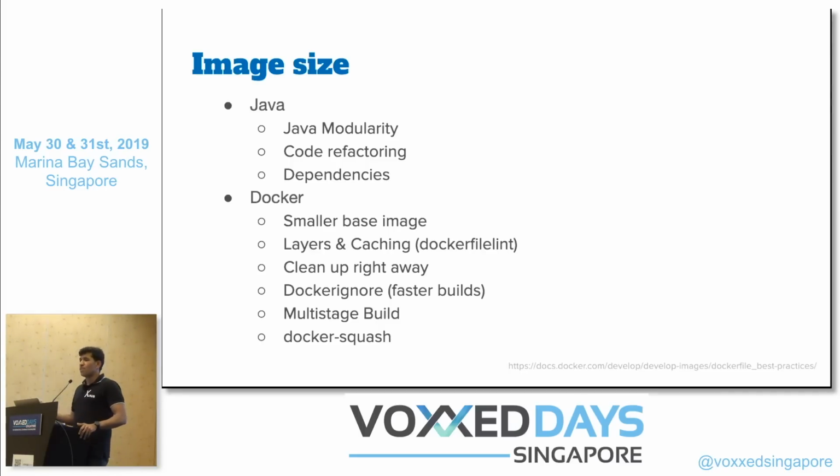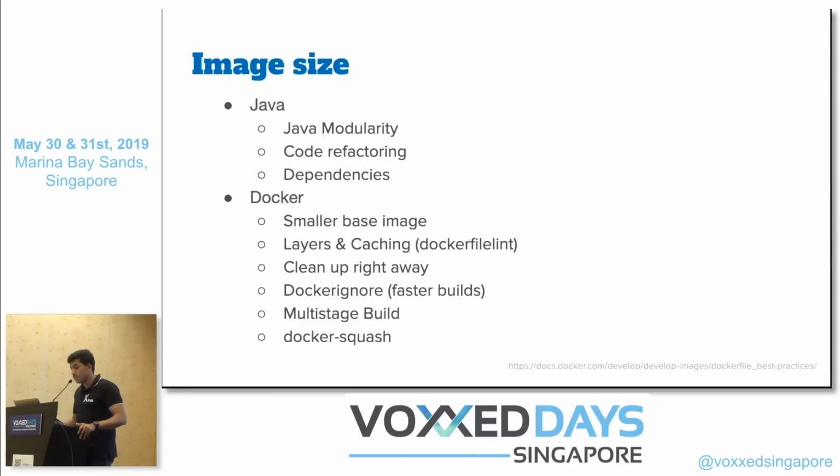And talking about dependencies, there are tools in the JDK itself like jdeps, and plugins available in both Maven and Gradle, that enable us to detect the dependencies that we are effectively using and the zombie dependencies that are just sitting there in our runtime and we are not using them. Getting rid of those unused dependencies helps to reduce the size of our artifact and thus the size of our final image. From the Docker side, however, there are many techniques as well.